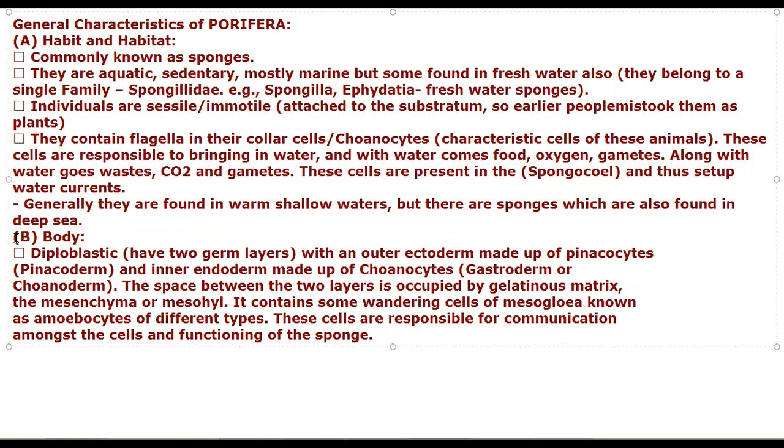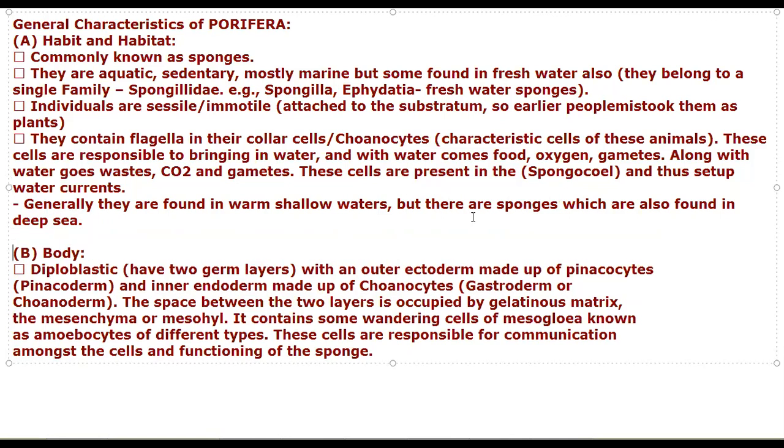Now, उसके बाद है body. So now, what is their body? The body is diploblastic. They have two germ layers, with an outer ectoderm made up of pinacocytes. What are pinacocytes? Flat cells.